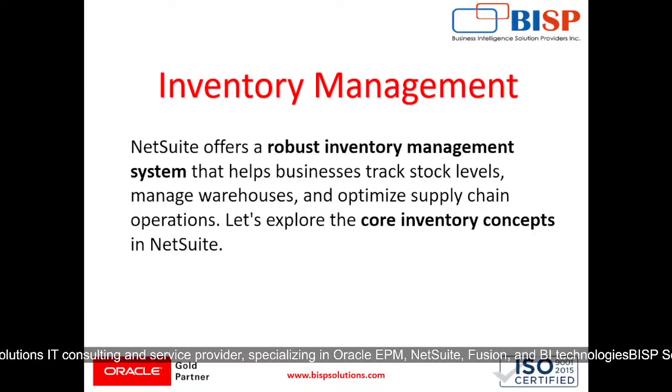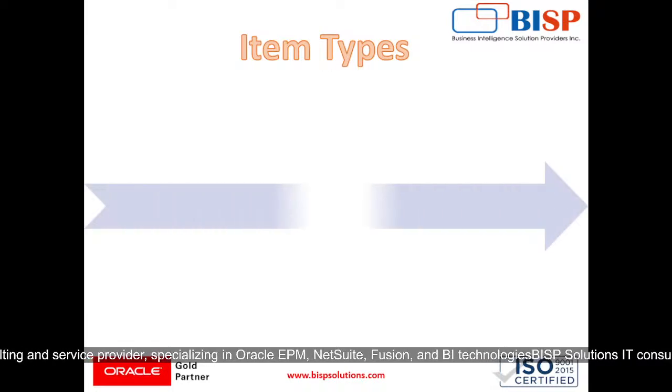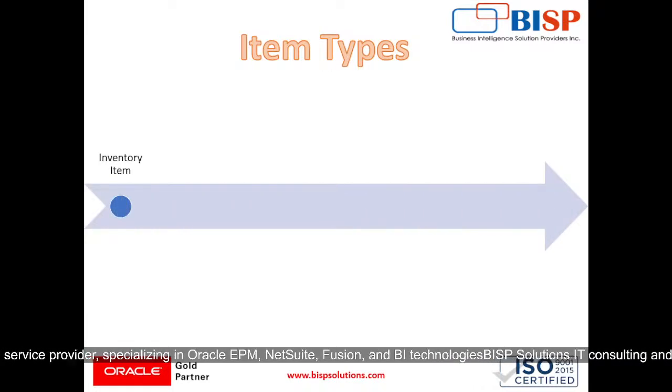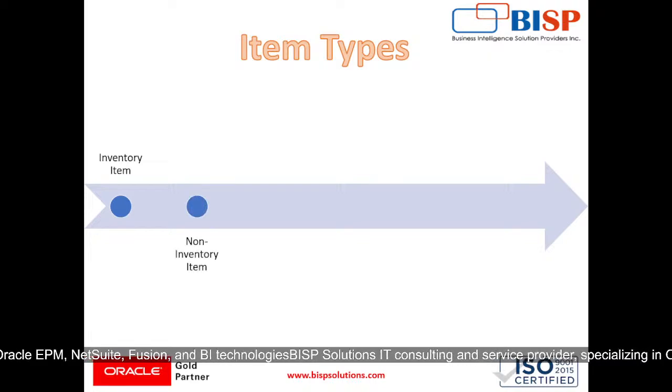So core concepts of inventory in Netsuite are item types, which includes inventory items, where physical goods that are stocked and tracked are there, for example laptops, mobile phones and clothing. Then comes our non-inventory items, where items that are sold or purchased but not tracked as inventory, for example office supplies, repair services.